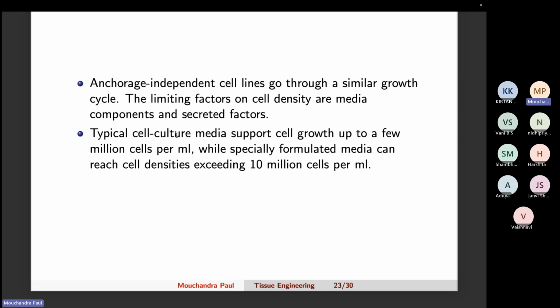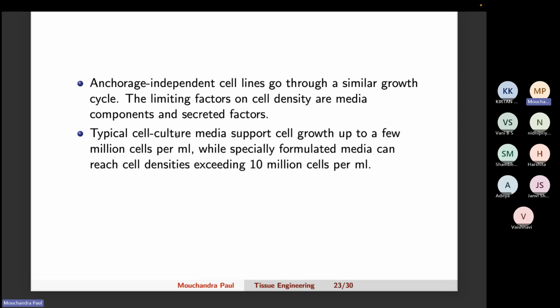So typically, cell culture media supports the growth of a few million cells. Okay, but you can make special formulations that can support the growth of more than 10 million cells. So normally we use the first one, where growth of around 2 to 5 million cells is expected from a surface area of 75 centimeters square.